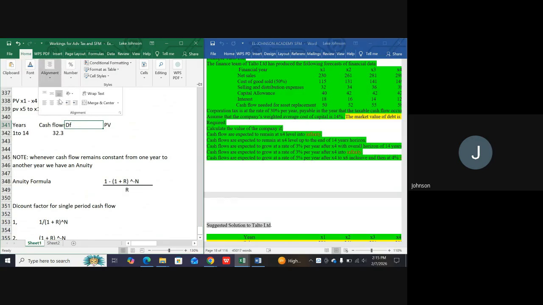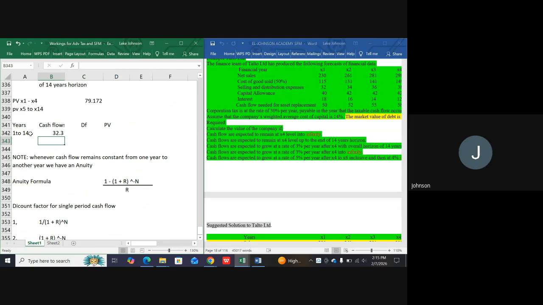So that's why I arranged all these things: the years, the cash flows, the discount factor, the present value. We say from year 5 to 14 is remaining the same.